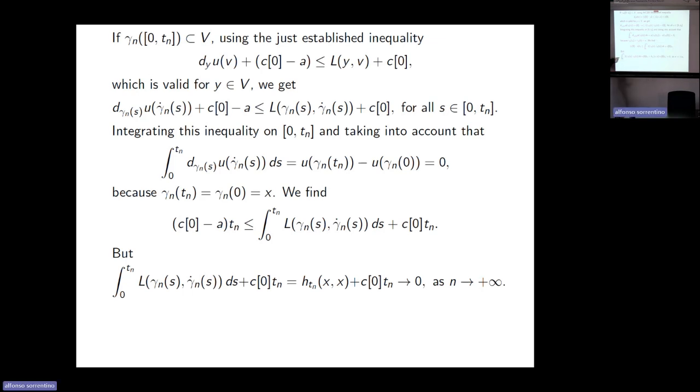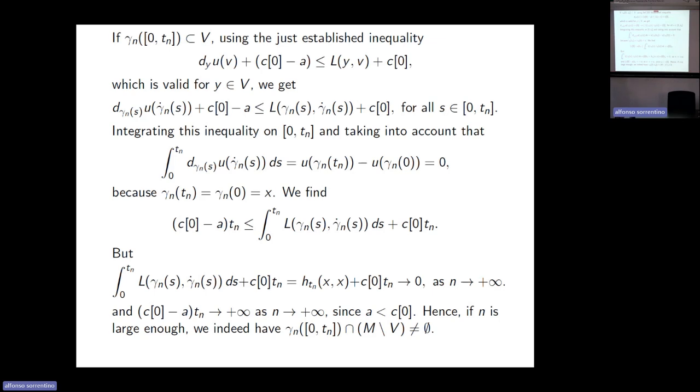But this action goes to 0 by choice of the curve gamma n and of the time Tn. Okay? And the other one here goes to plus infinity because C0 is strictly bigger than A. So this cannot happen for all Tn. It happens only for a finite number.